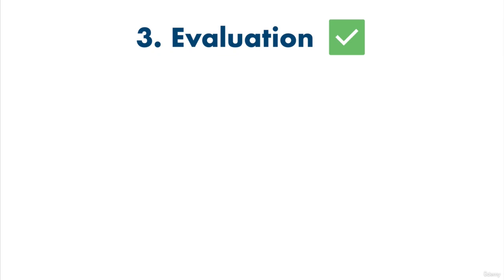Step 3 is evaluation. Here, we'll define what success means to us. Since much of machine learning actually is experimental, you could keep going forever trying to improve your results in search of the perfect model. However, since we're practitioners, we know the perfect model doesn't exist.